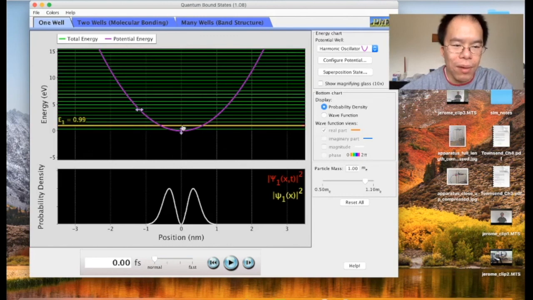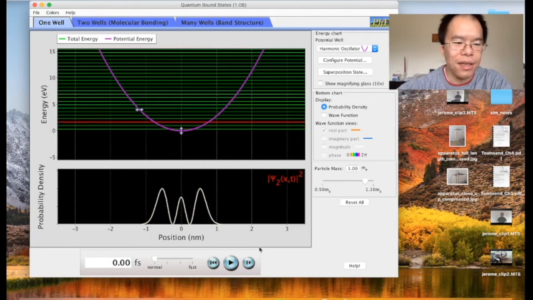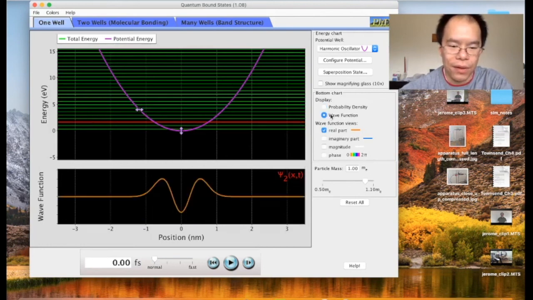If we go up to the second excited state, that's psi 2. Let's go back to the wave function here. Once again, we see the same general behavior. You might notice some things about the amplitude here.